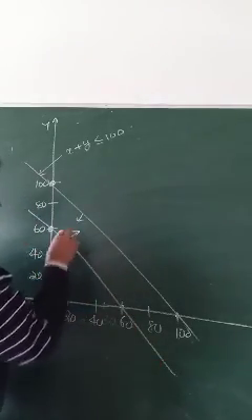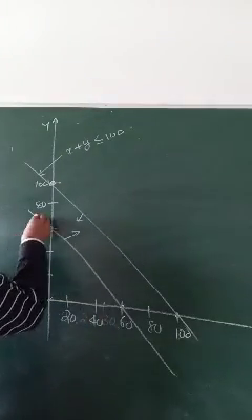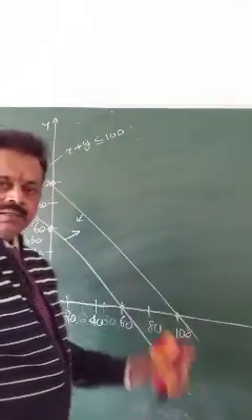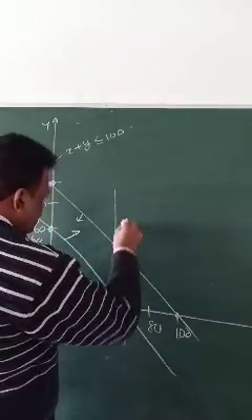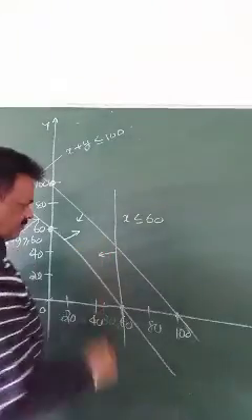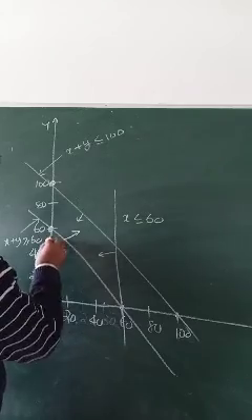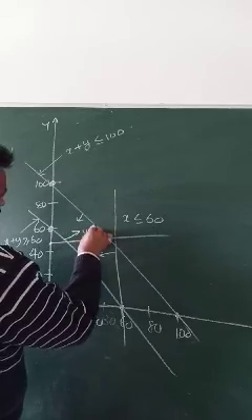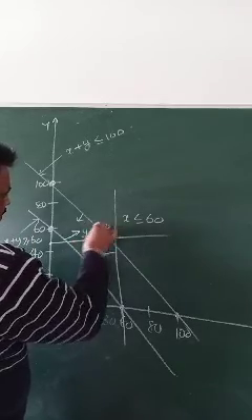This is away from origin, this side: x plus y greater than 60. Remember, this line area this side, this line area that side. Then at 60, x is less than 60, this side. Then 50, y is less than 50, this side.